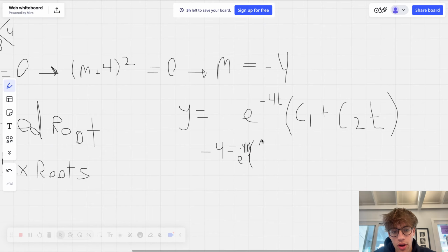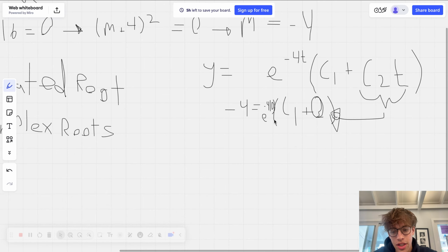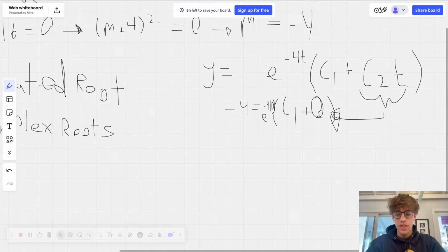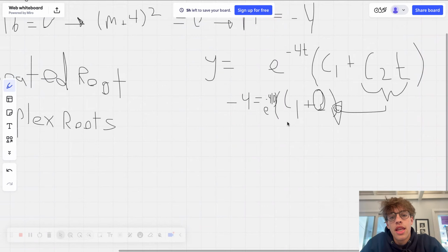So then we have C1, and this whole term will just go to 0. And we know that anything to the 0th power is just 1.